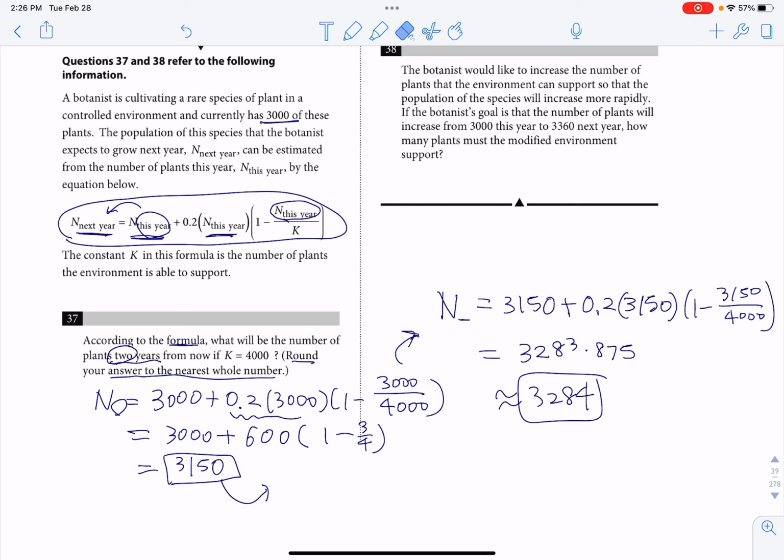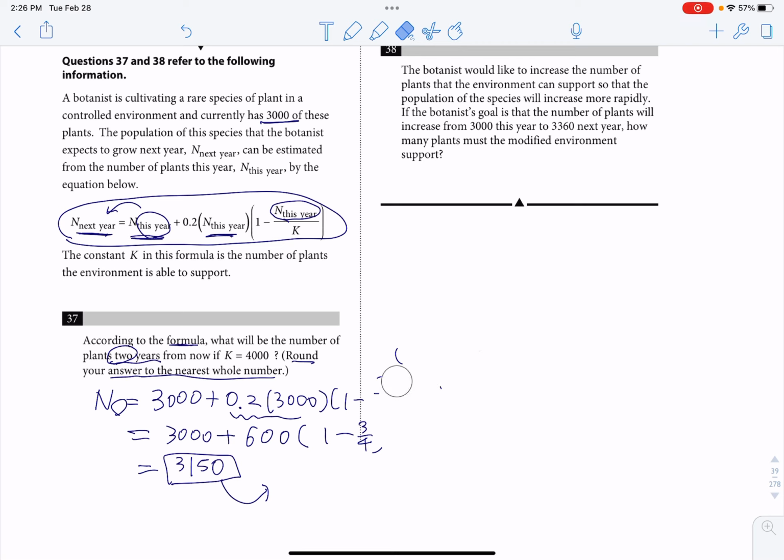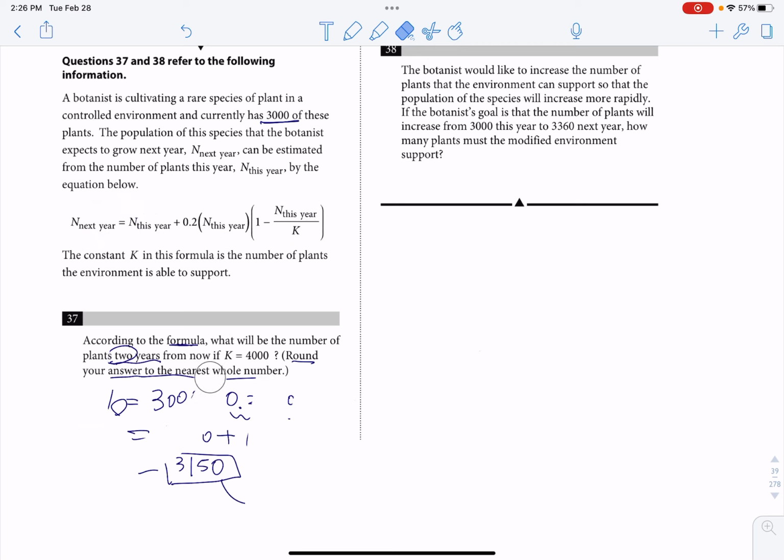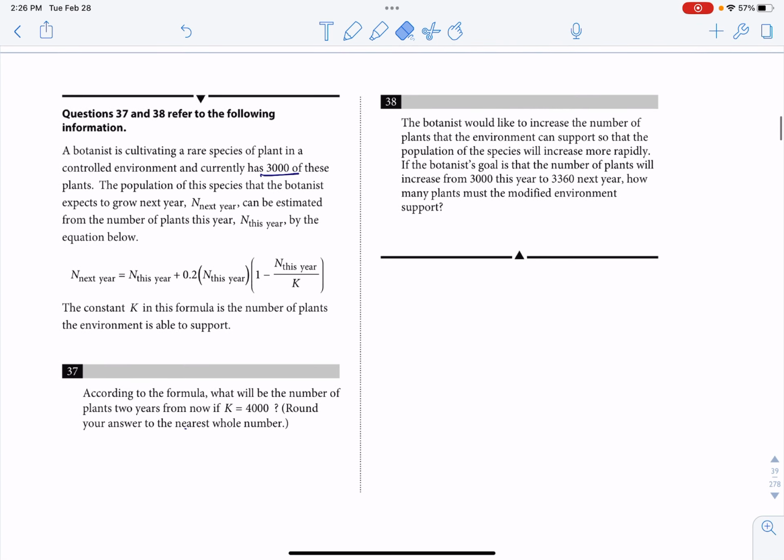And then if I erase this one to solve number 38: the botanist would like to increase the number of plants that the environment can support so that the population of the species will increase more rapidly.